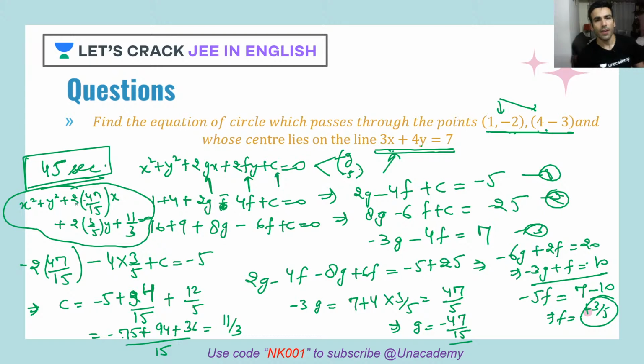Does anyone have any doubt? And if you feel like, you can just cross check this point. So minus 47 by 5, plus then we have 12 by 5.